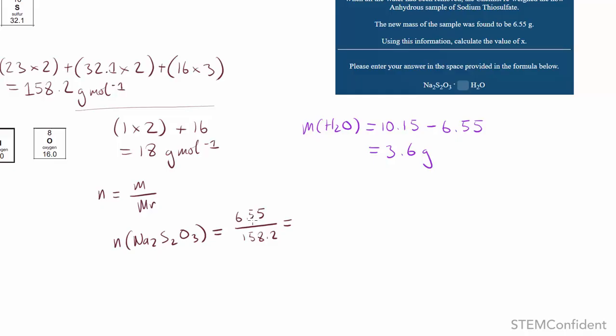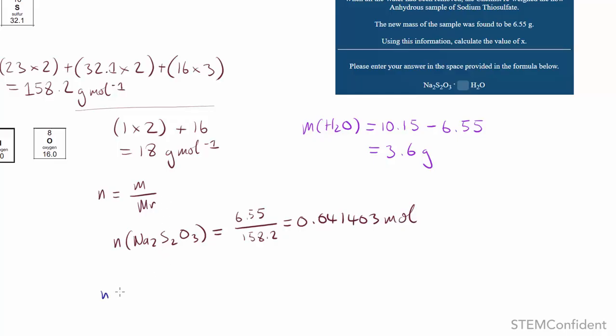And if you do that calculation, I'm going to give my answer to 5 significant figures, this is going to be 0.041403, right? And that's going to be in moles, okay? And we can now do the same for the water using the same formula.